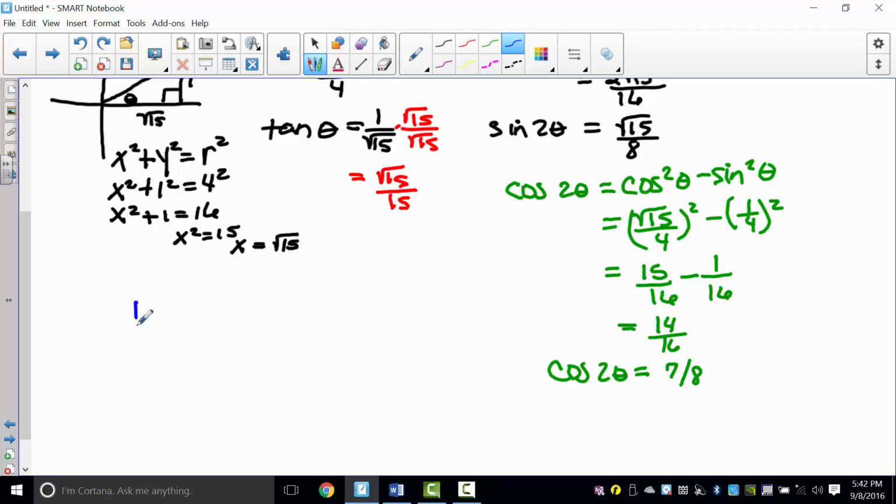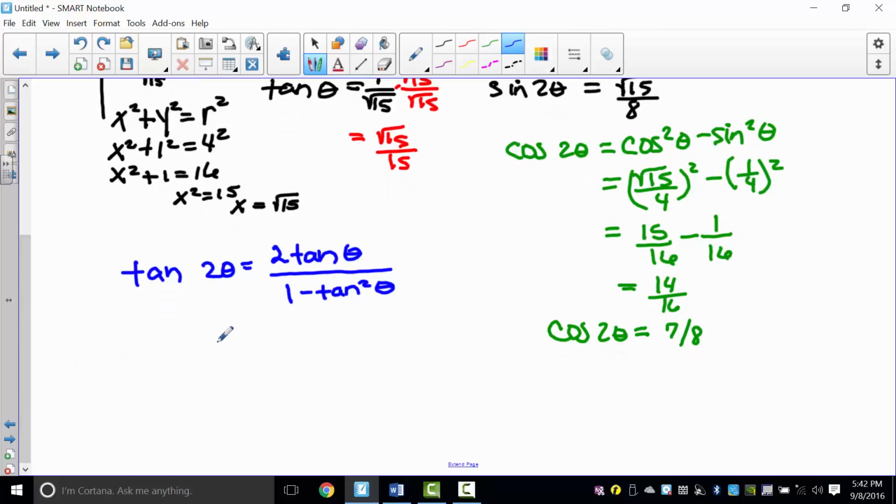Now, tangent of 2 theta. Formula: 2 tangent theta divided by 1 minus tangent squared theta. Tangent is radical 15 over 15.